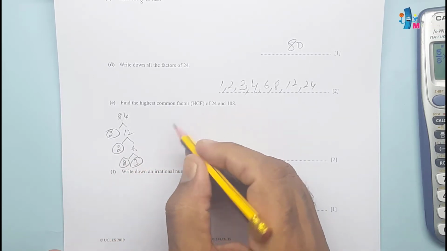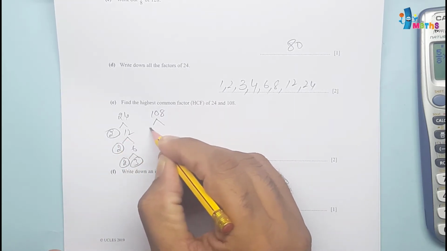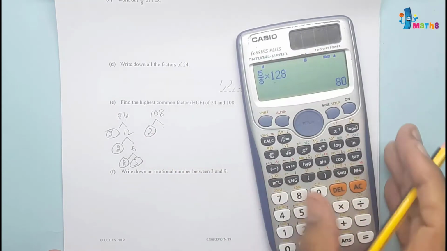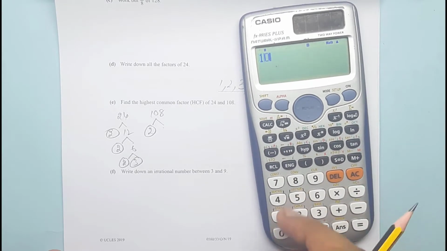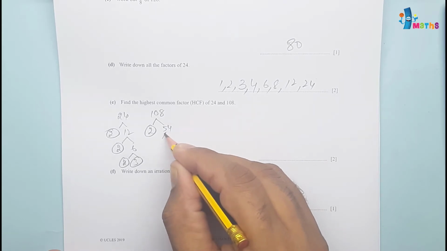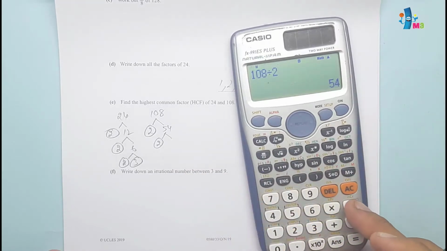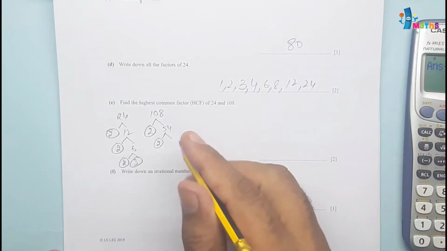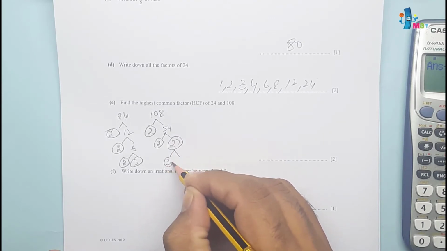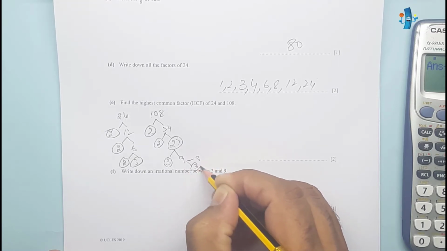Similarly for 108, we can write 2 into 54, and 54 divided by 2 will be equal to 27, and 27 we can write as 3 into 9, and 9 as 3 into 3.